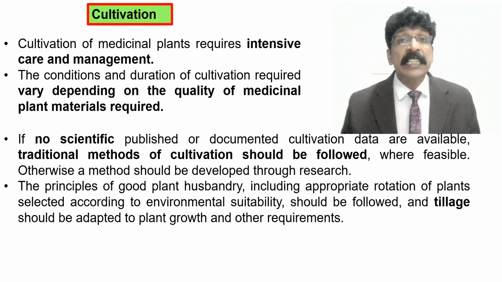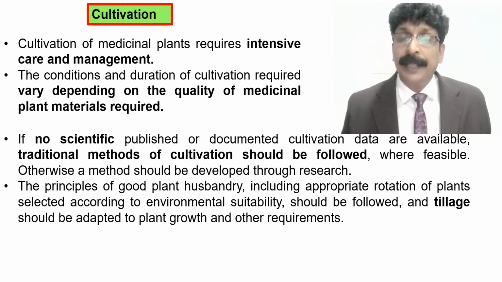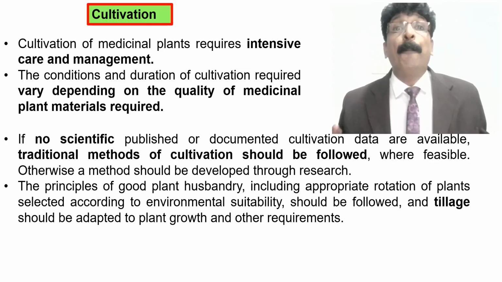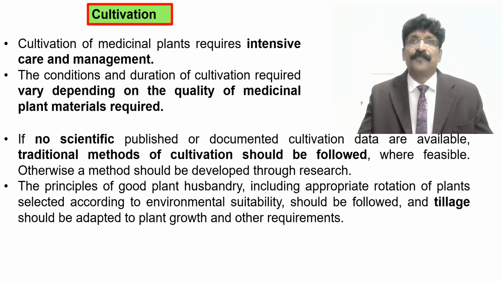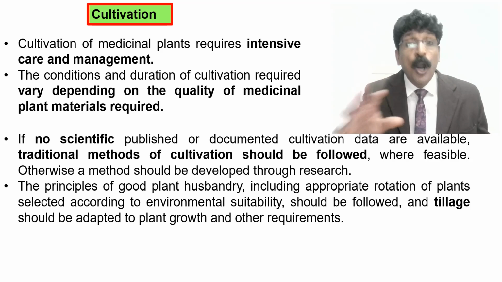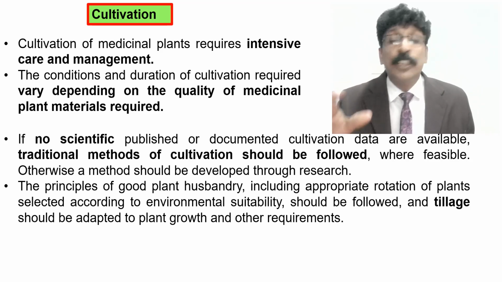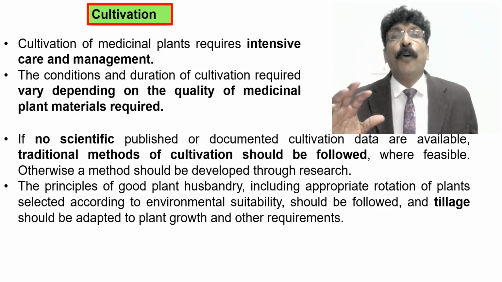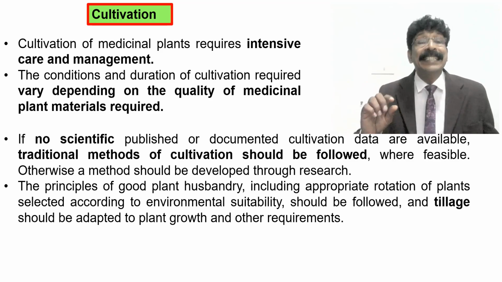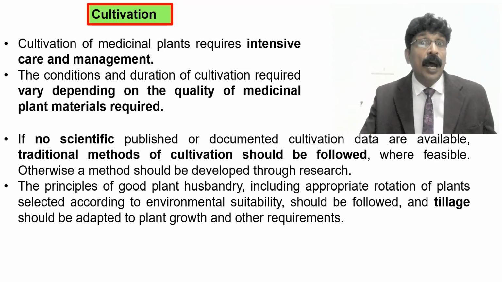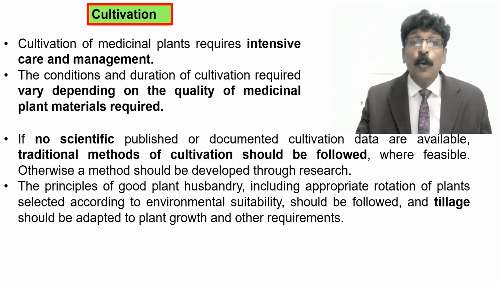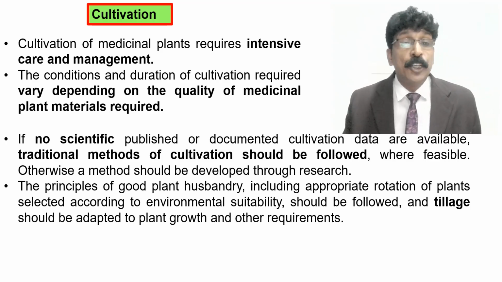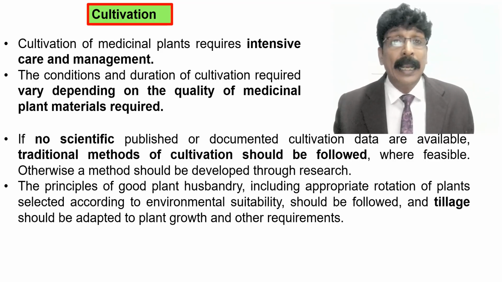The principle of good plant husbandry, including appropriate rotation of plants selected according to environment suitability, should be followed, and tillage, digging and making up and down the soil should be adapted to plant growth and other requirements.